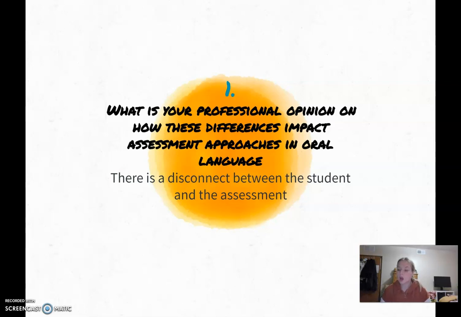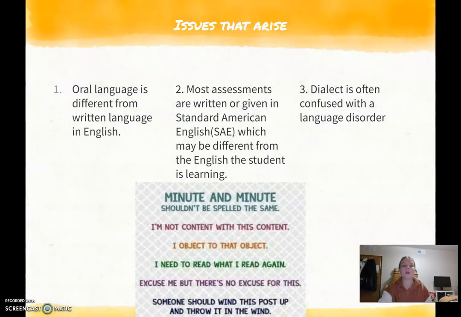Most assessments are written in Standard American English, or SAE. I think there is a lot of loss in translation, because when a person is learning English as a second language, a lot of confusion comes into play because English is a really complex language.